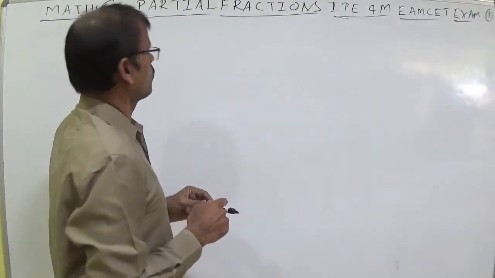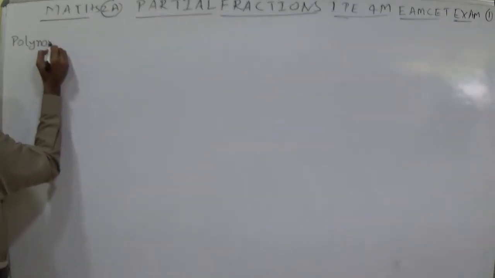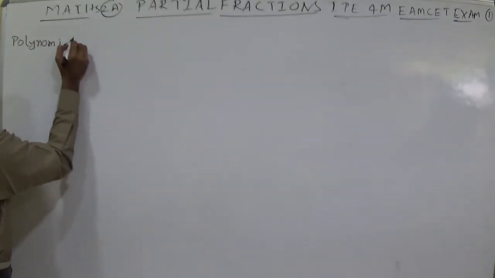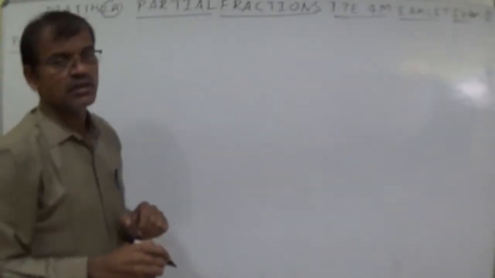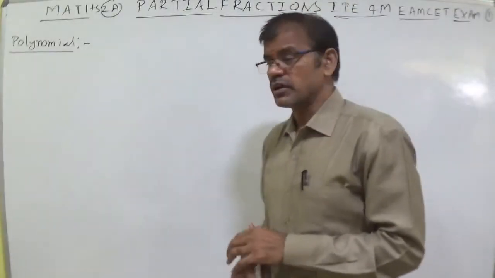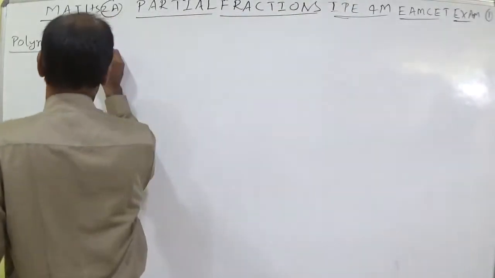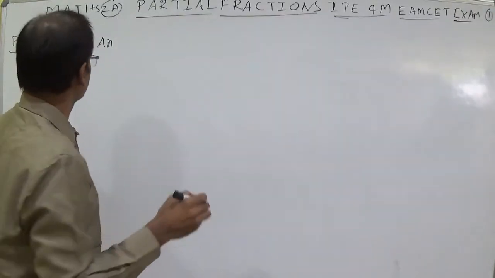Let us discuss the definition of a polynomial. Before discussing the topic partial fractions, the definition of partial fractions and uses of partial fractions, first of all, we should discuss the definition of polynomial. I think you already know this, as you have learnt it in 8th, 9th, 10th class also.